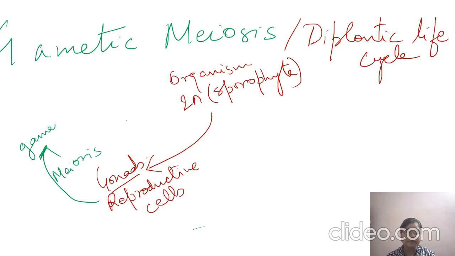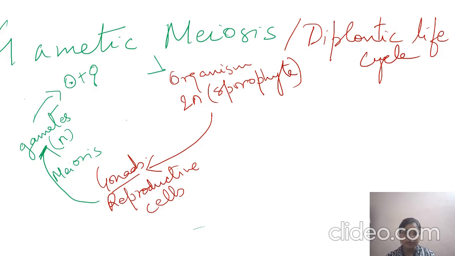Gametes, and these gametes are N. So male and female gametes will fuse together. So I can make here two types of gametes: one is your male gamete fusing with your female gamete and forming again the organism. Okay, it is giving rise to the organism.